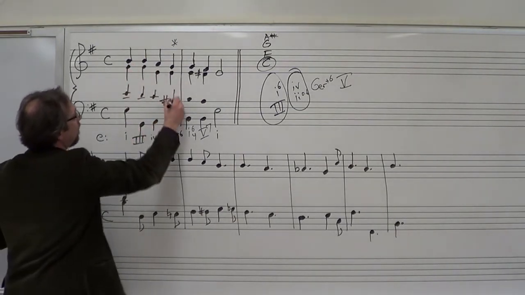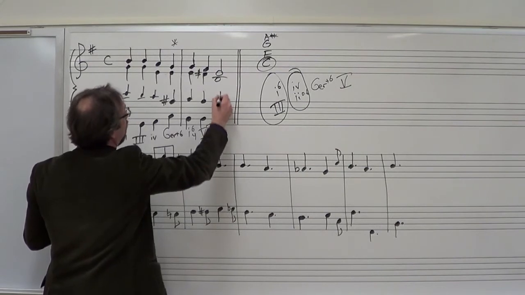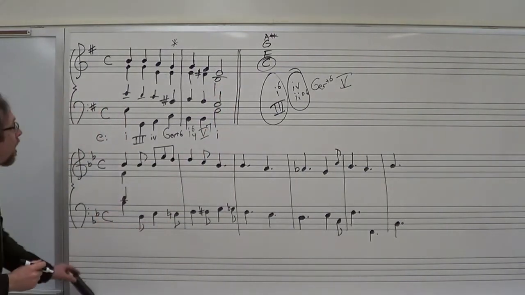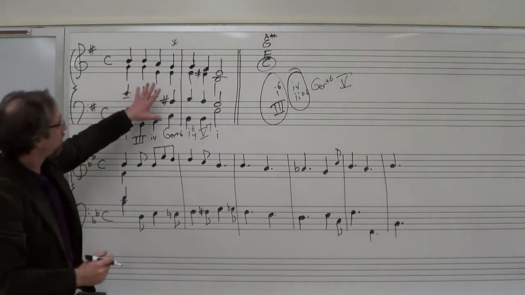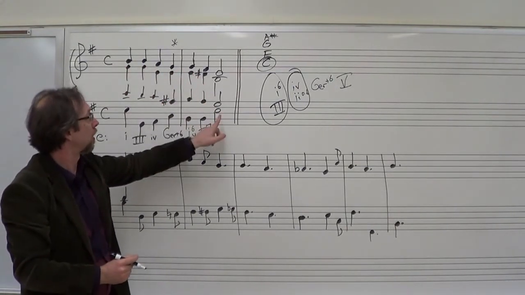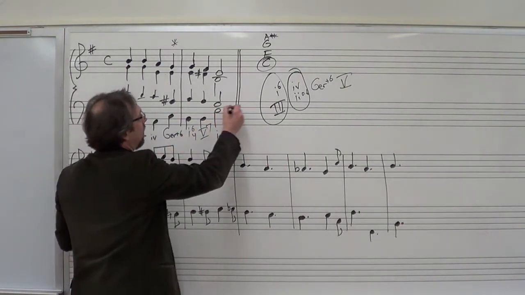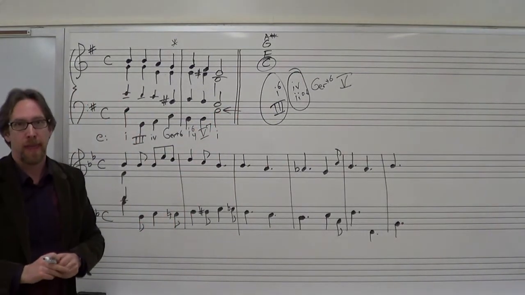So let me review with you what just happened and why I did that. I did voice leading and everything was fine, everything was going just perfect until I got to my very last chord. And I had been given this E natural in the bass.